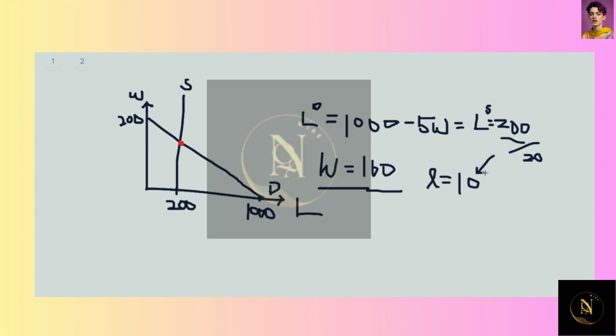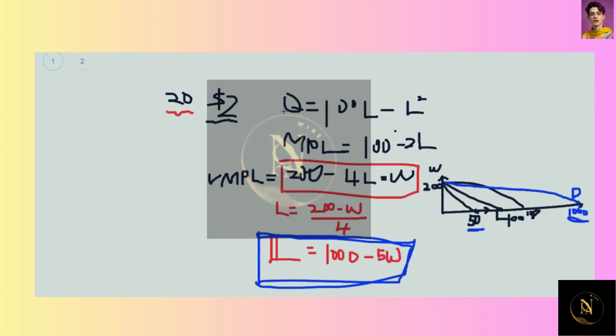Okay, so how much profit does each orchard owner make? To calculate the profit, we have to see how many apples they produce. If we go back to the production function, which is right here, we plug in small l equals 10 to see how many apples they produce.